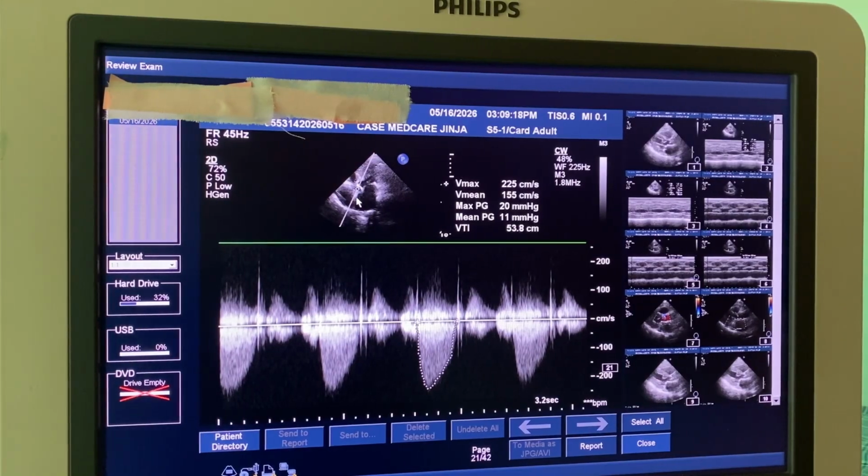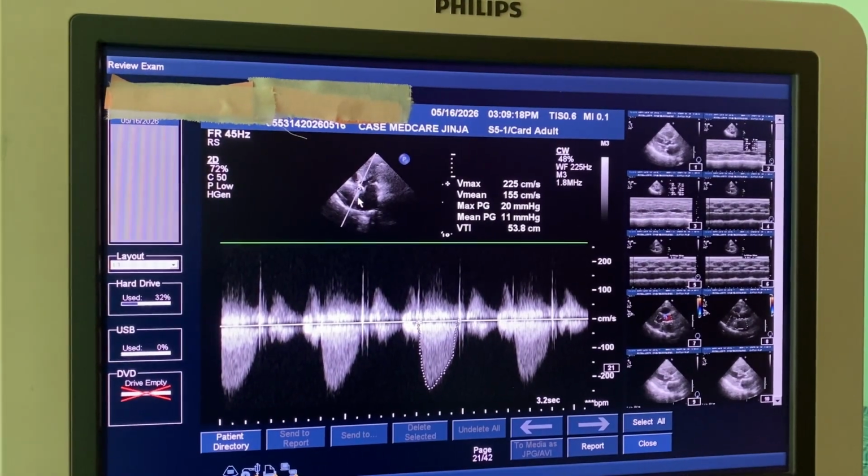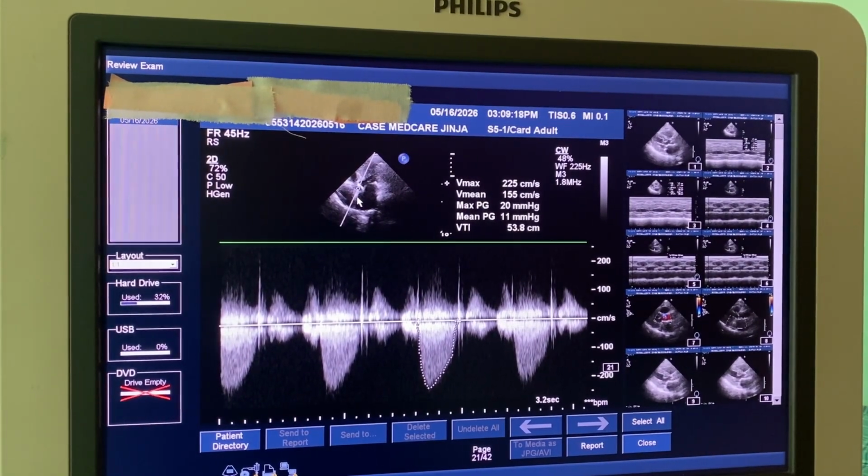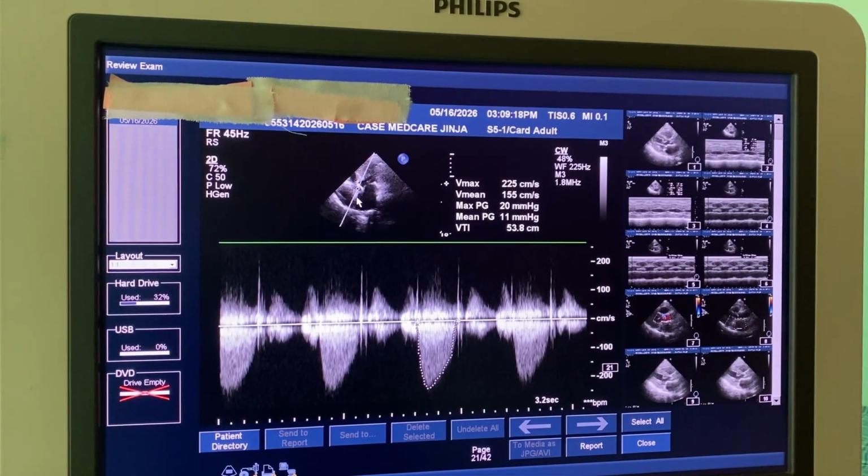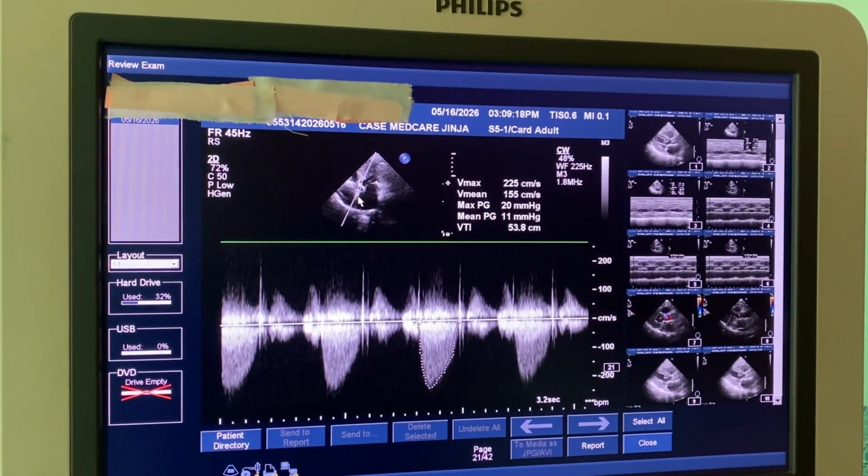So we are going to use it to see what it is giving us.